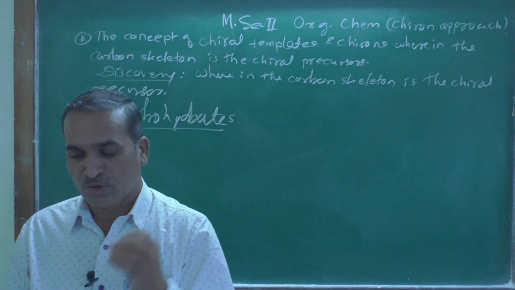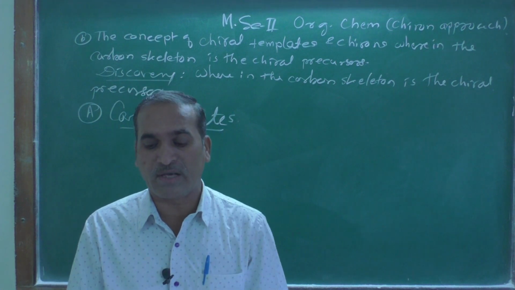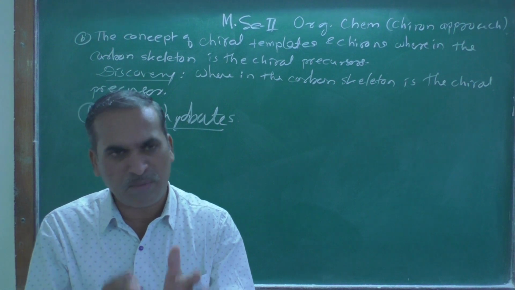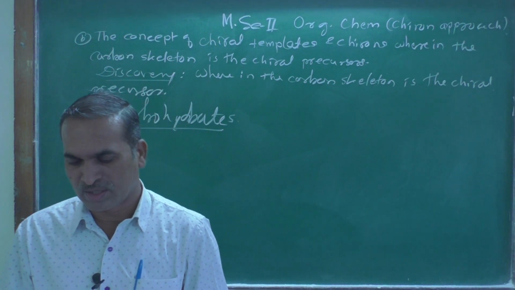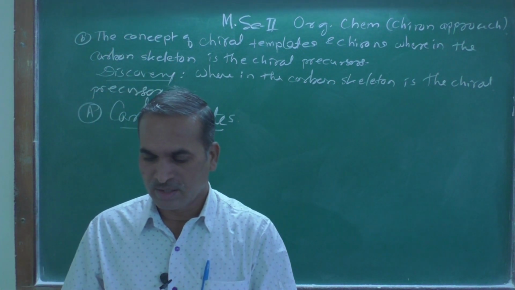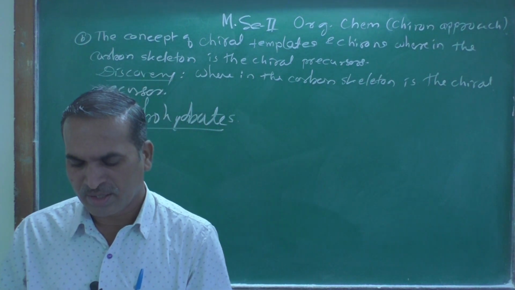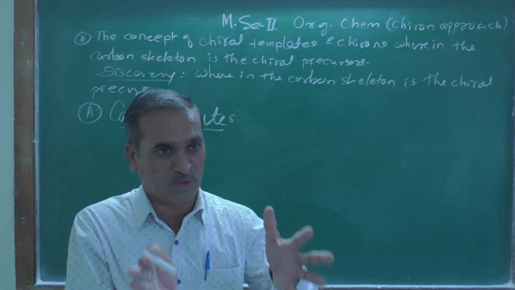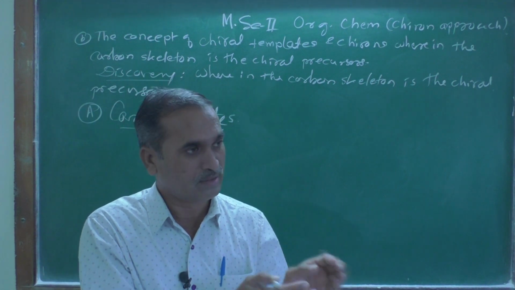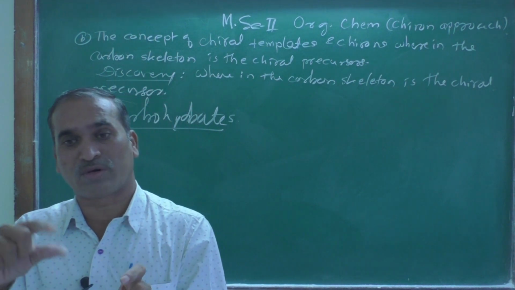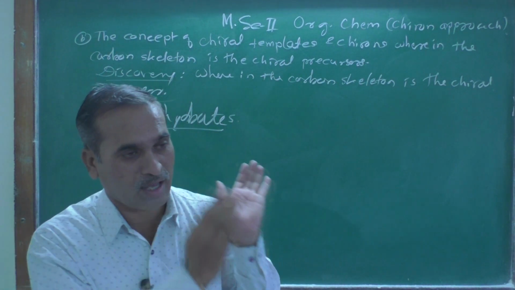of lactone units. And for relatively simple cyclic and acyclic molecules, the Chiron as well as the starting carbohydrate template, we already saw in the middle what is called the target molecule.